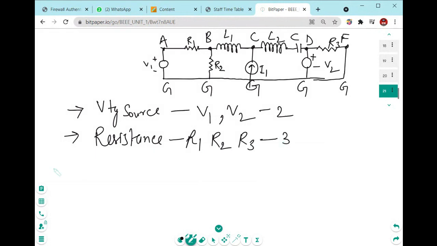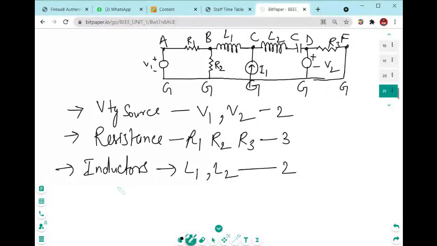Three resistances are there. Then you will tell me how many inductors are there. L1, L2, two inductors. Yes, you are right. Then you will tell me how many capacitors are there. Only one capacitor is there.